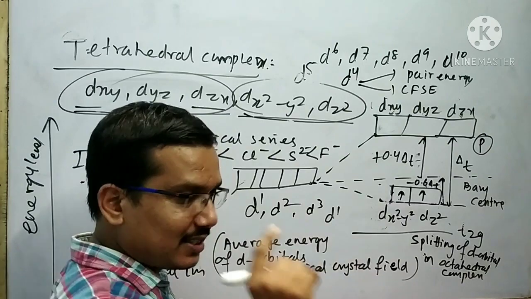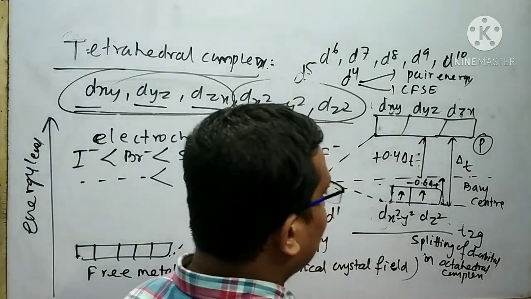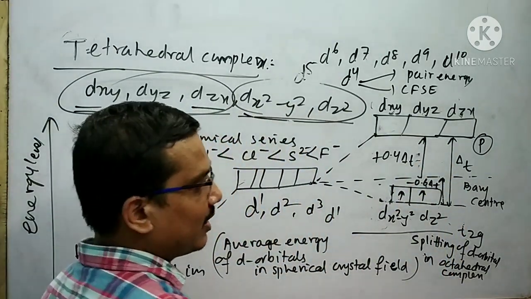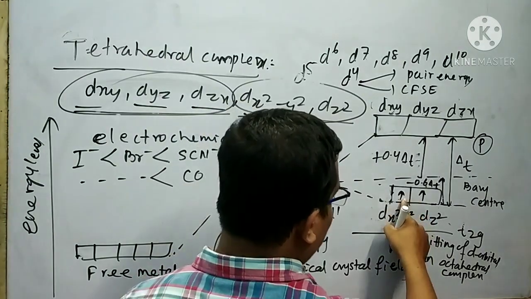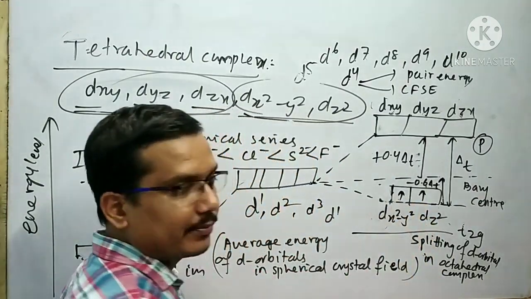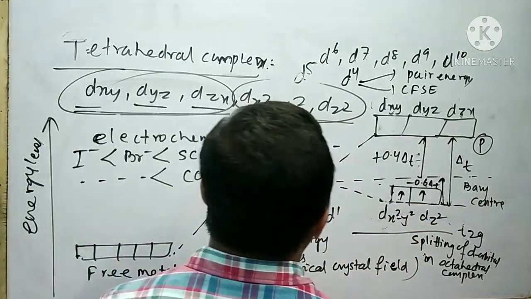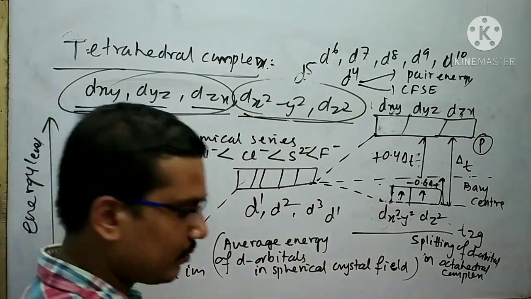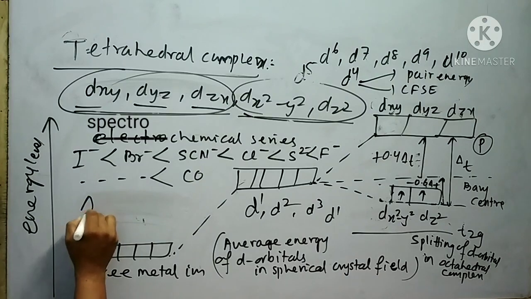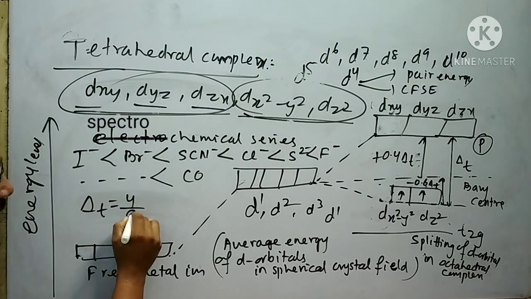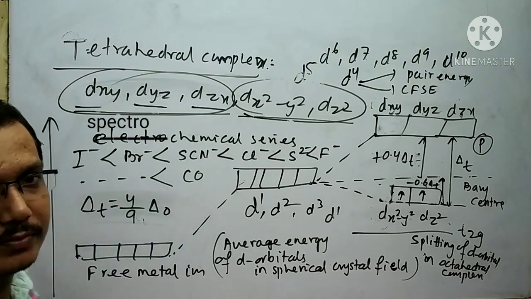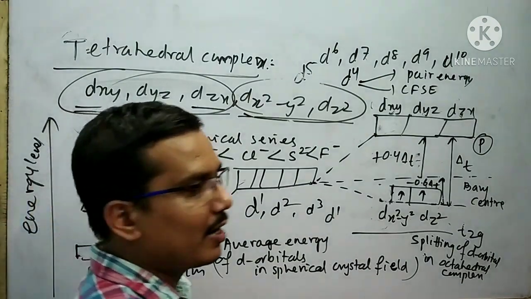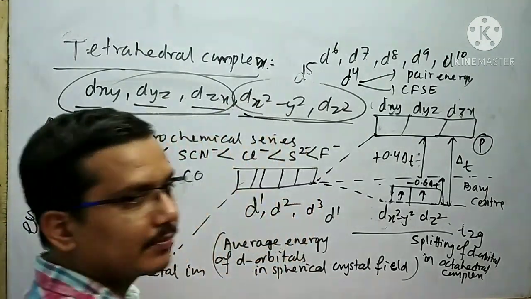If the pairing energy is less as compared to the crystal field stabilization energy, then the third electron is present here. Like that, you can also think about d4, d5, d7. Experimentally, delta t is equal to 4 by 9 delta 0. This is all about the tetrahedral complex.